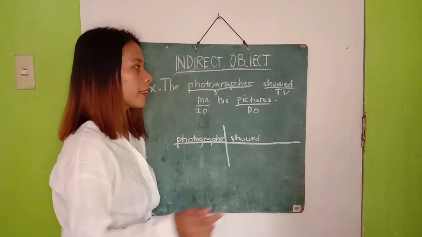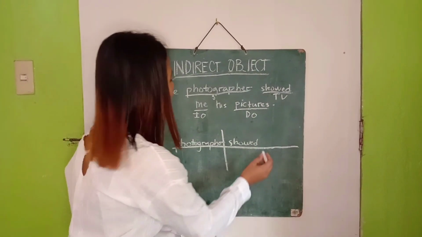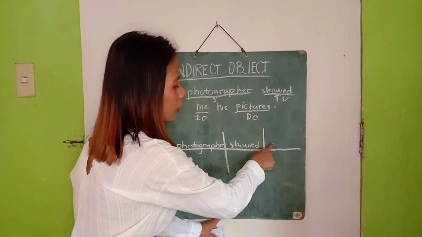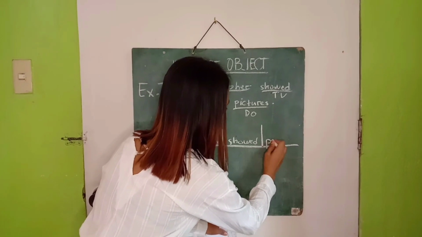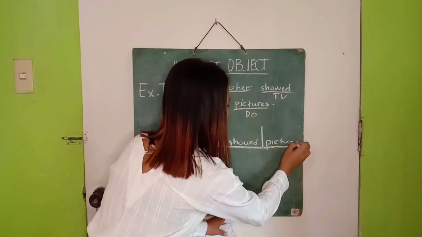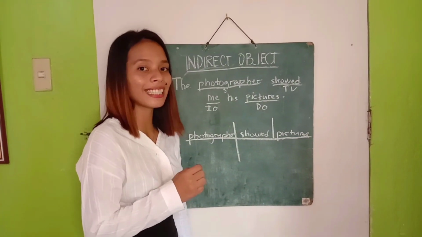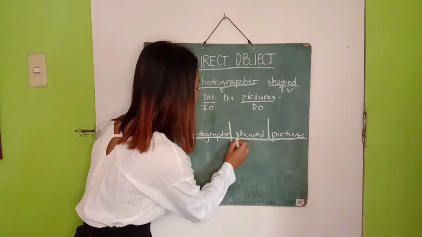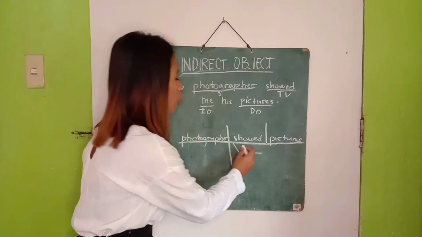To separate our transitive verb and the direct object, draw a straight line and put our direct object here. For our indirect object, draw a slanted and a straight line below our transitive verb and put our indirect object.